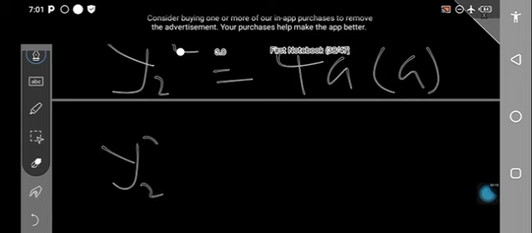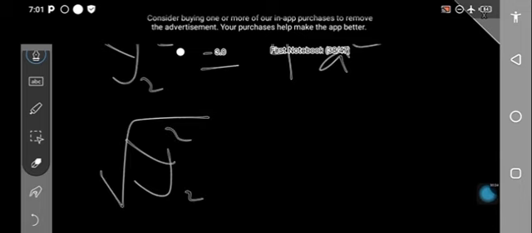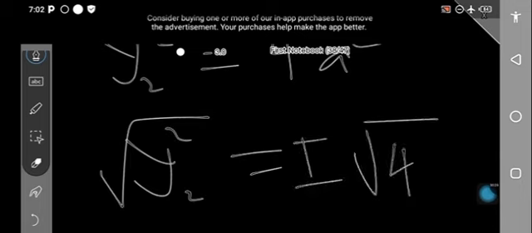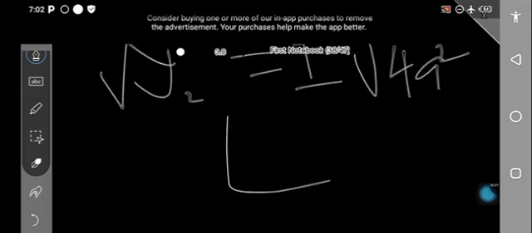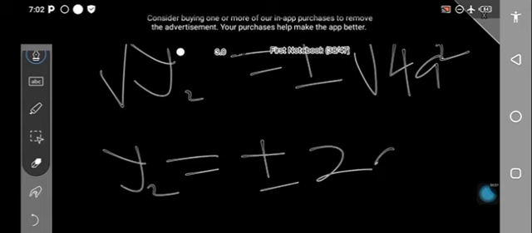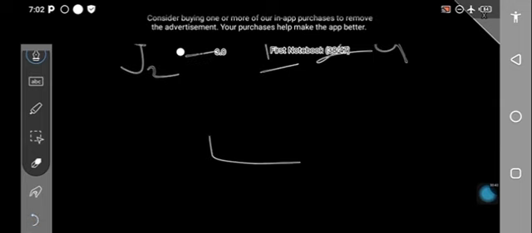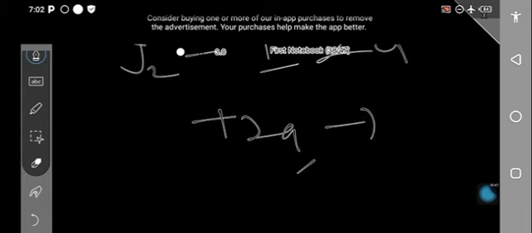So y2 squared equals 4a squared. So y2 equals plus or minus the square root of 4a squared. That means y2 equals plus or minus 2a. Again, we have two answers here, which are plus 2a and minus 2a.